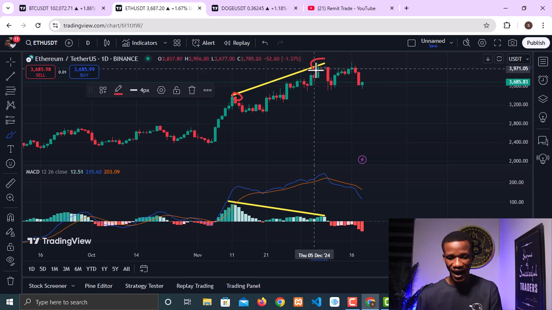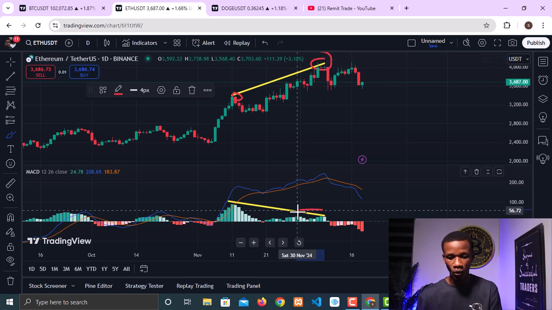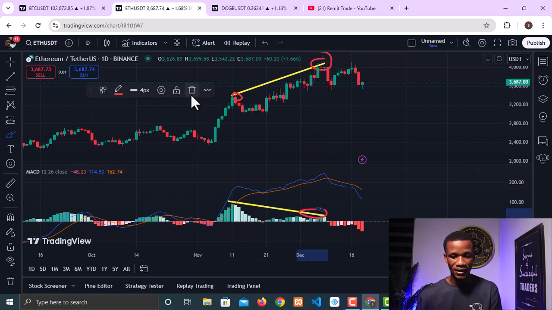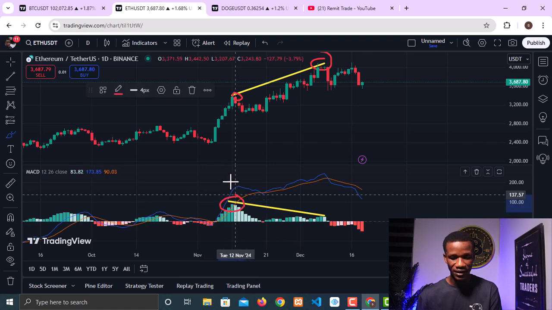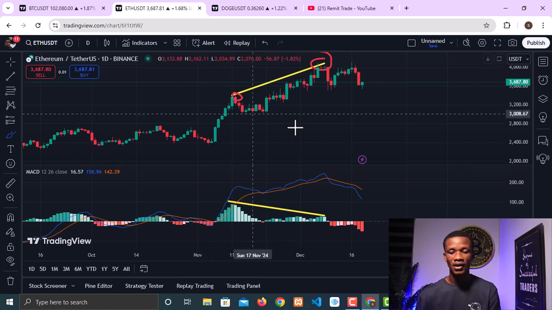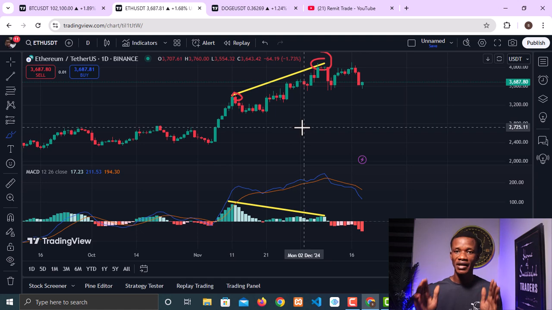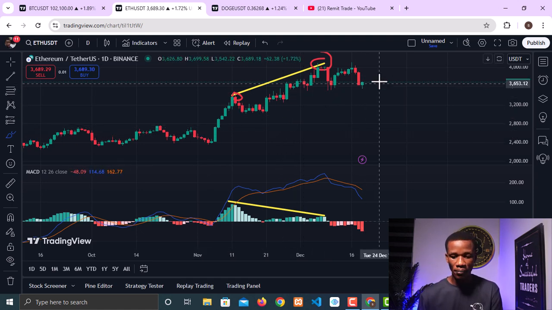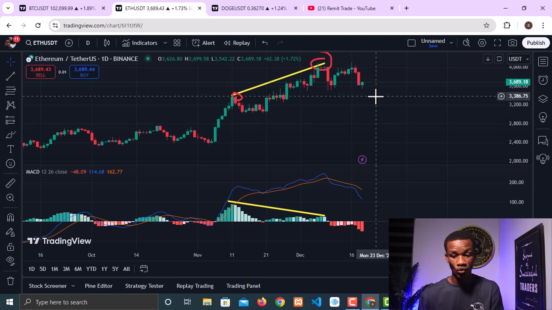So the market creates a high right here, but creates a low on the MACD indicator. Create a high right here, but create a low on the price action. This is a clear bearish divergence, which means the market has the capability of coming back to the downside, and that is what I'm looking at right now.